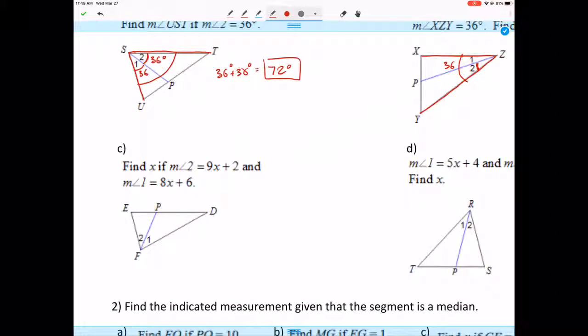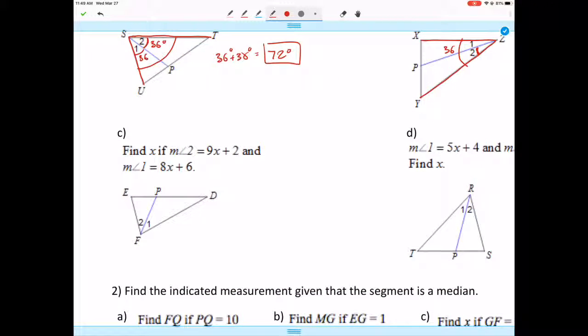All right, C, this time they give us a measure of 2, which is 9x plus 2, and that measure 1 is 8x plus 6. All right, and we know since this is an angle bisector, those two angles are equal to each other.